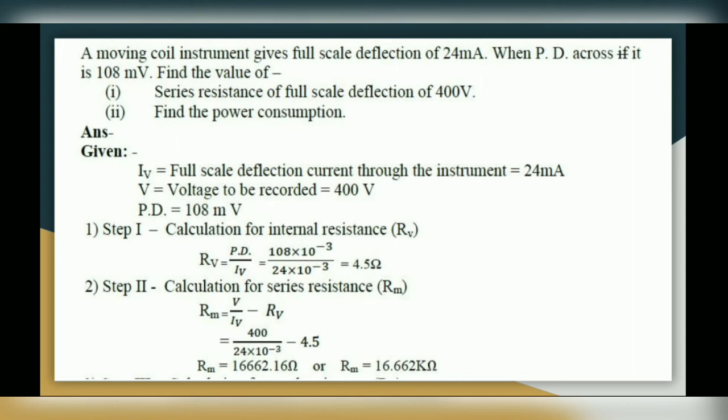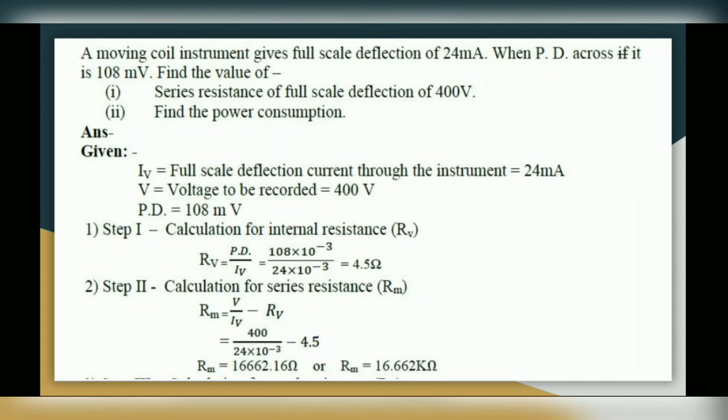So in this, given is Iv, that is current flowing through the voltmeter, which is 24 milliampere. You can write it as 24 into 10 raised to minus 3 ampere. V, which is also given in the numerical, V is voltage to be recorded, which is 400 volt. Potential difference is 108 millivolt. So you can write it as 108 into 10 raised to minus 3 volt.